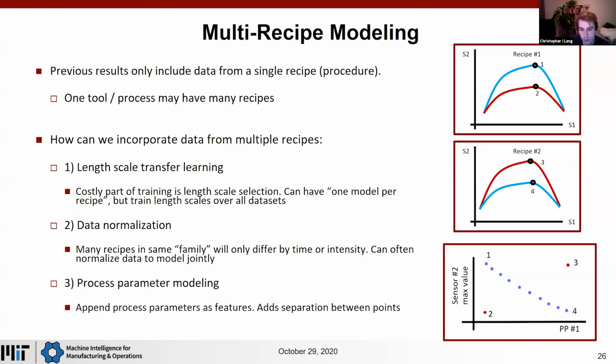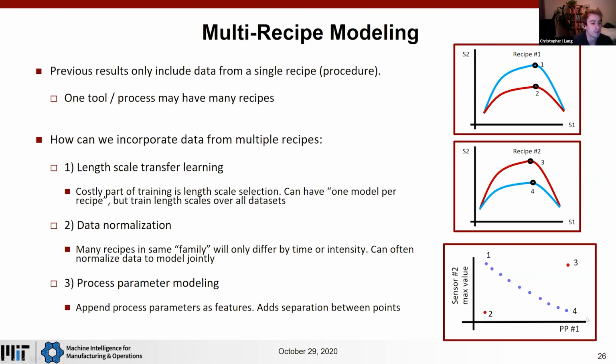A third approach, which I'll just mention briefly, I would call process parameter modeling, where we could end up appending process parameters, the parameters of the specific recipes or procedures, as additional features that we put into the model. And so this would have the effect of adding separation between these points in the process space.